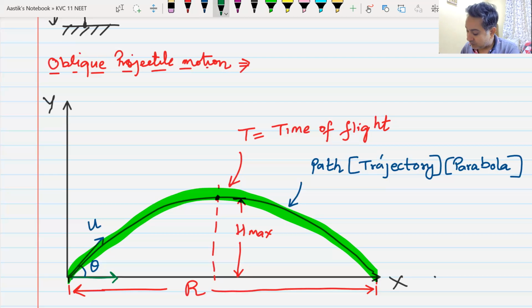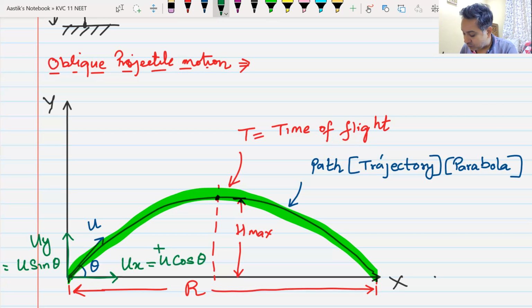So I resolve u into 2 components. One component will be known as ux, which is along the x-axis. The other component is known as uy, which is along the y-axis. This ux will be equal to u cos theta, and this uy will be equal to u sin theta.